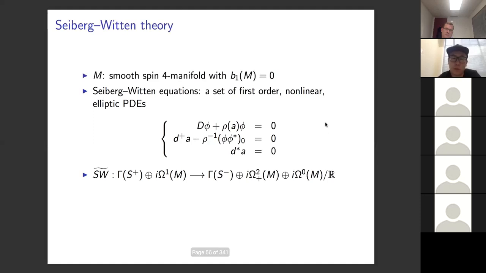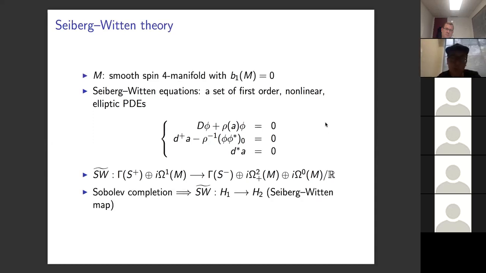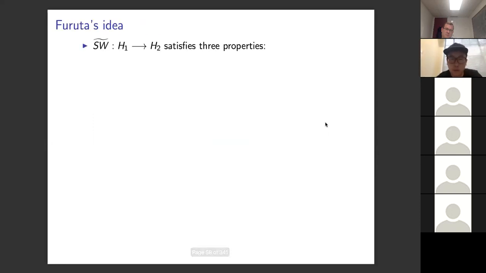The input is some section of some bundle over this manifold M, and so is the output. If we do some completion, that gives us a map between infinite dimensional Hilbert spaces. It's not a linear equation, so this map is not linear, but it's still a map between infinite dimensional Hilbert spaces.